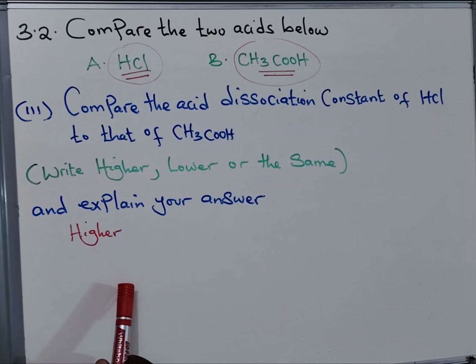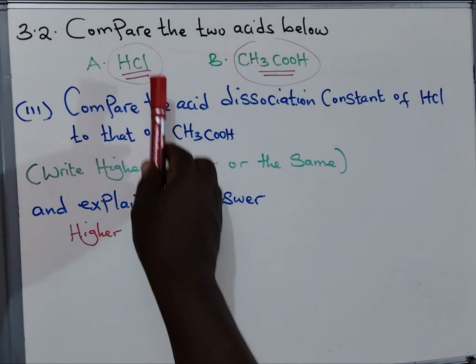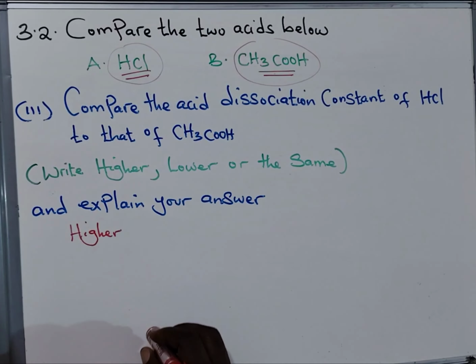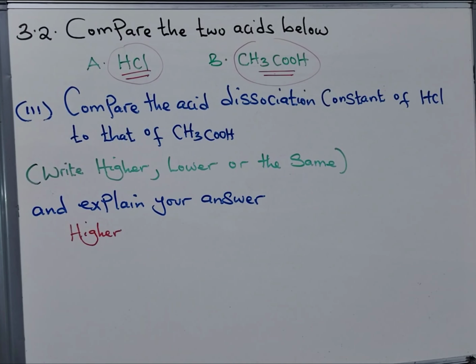So back to our explanation. What's the explanation? It is higher. HCl has a higher Ka compared to ethanoic acid. Why? Because it is a strong acid which is completely ionized.